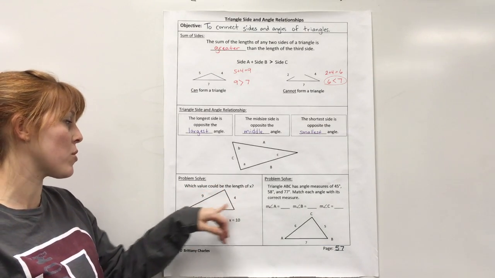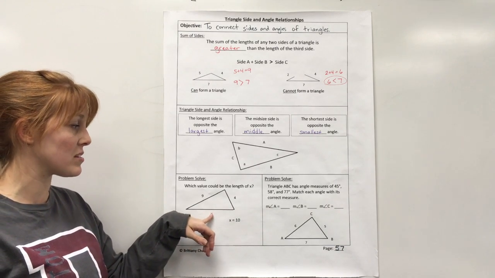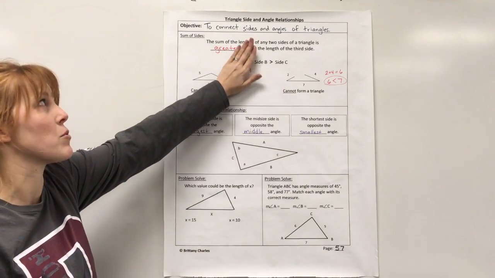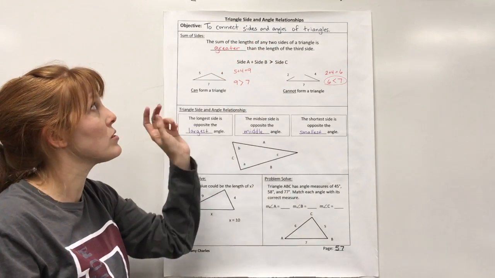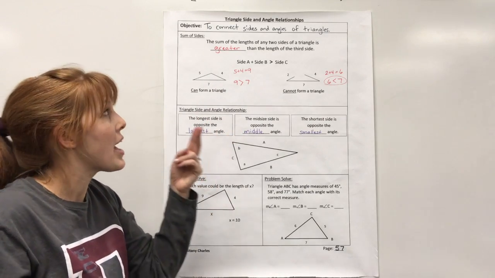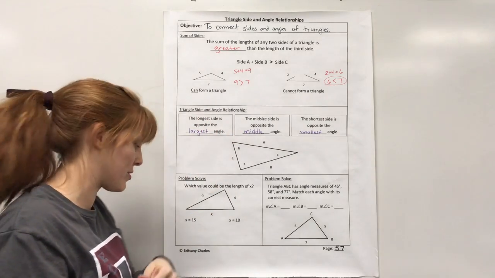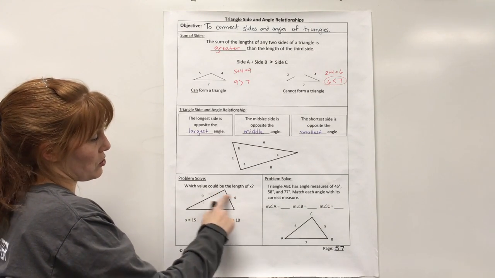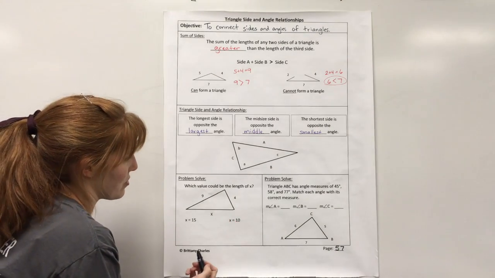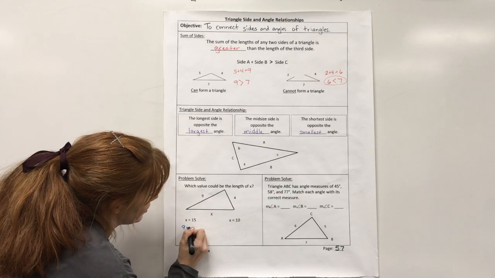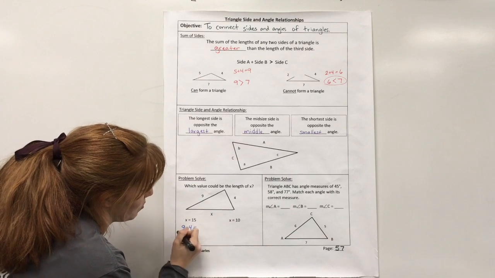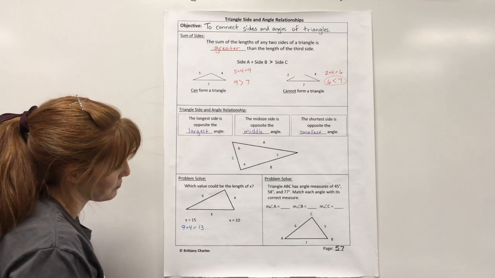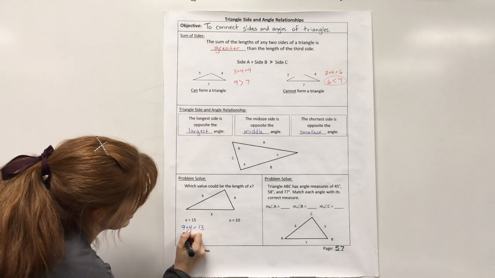All right, so now which value could be the length of x? We have 9 and 4, and we're trying to figure out whether x is this side or that side. We have to remember this rule. The two smallest sides have to add up to more than the third side. I can see by the picture that these two look like the smallest sides. So let's add those. 9 plus 4 is 13.